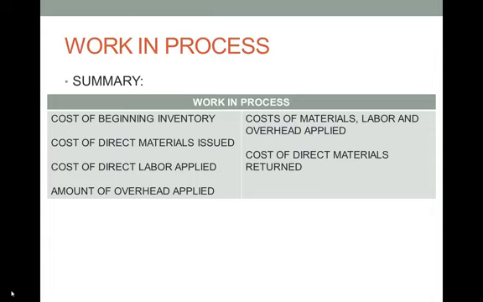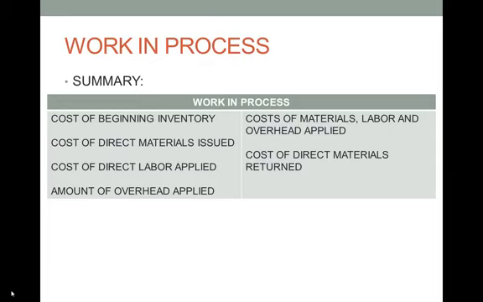Cost of beginning inventory, cost of direct materials issued to production, cost of direct labor applied, and then amount of overhead applied. That is what we need to see in the debit side of the work in process.